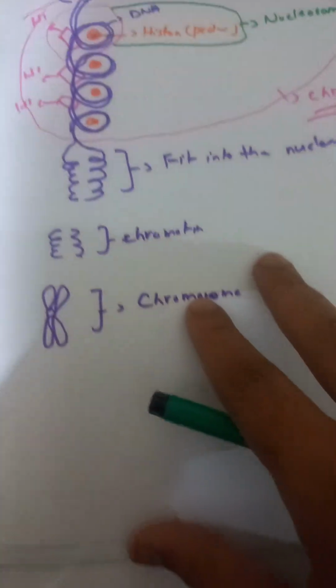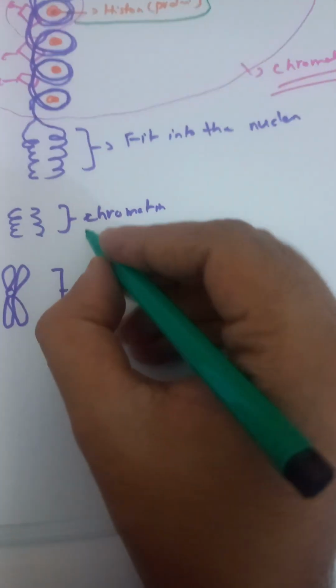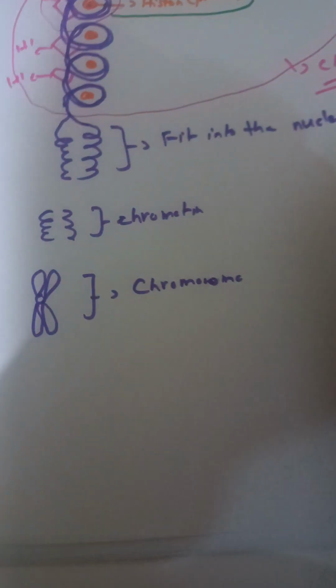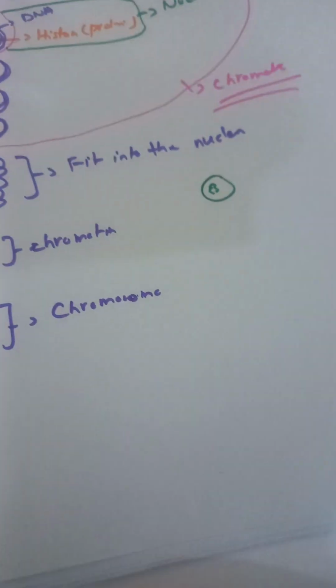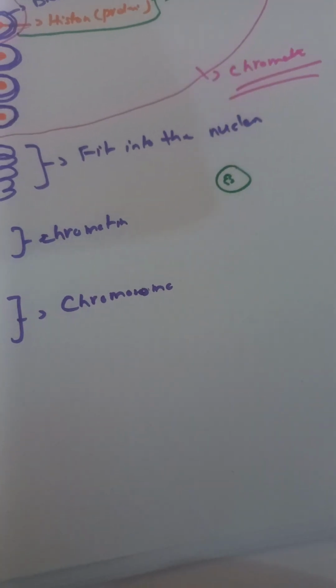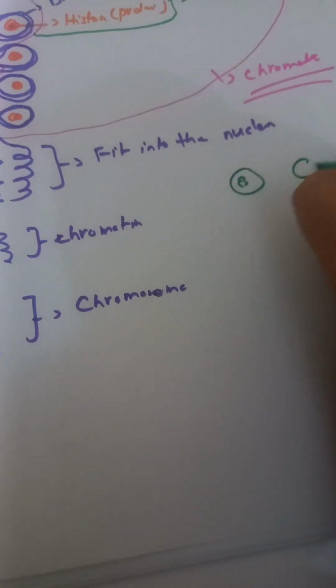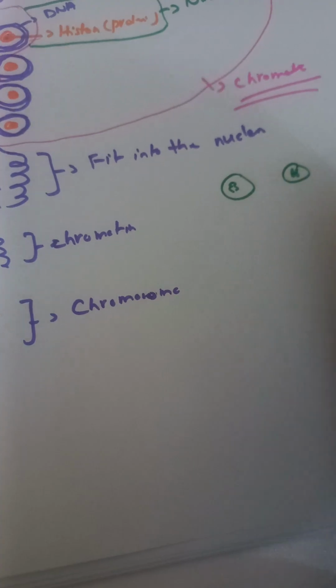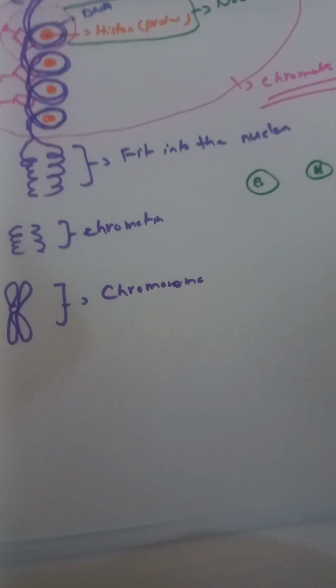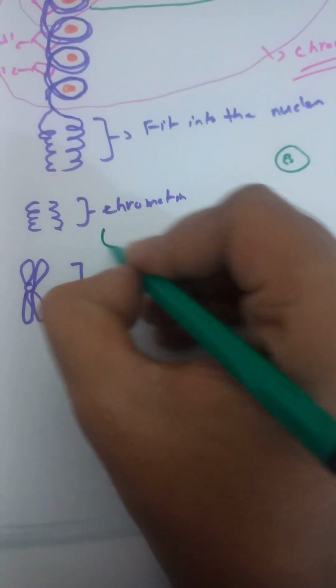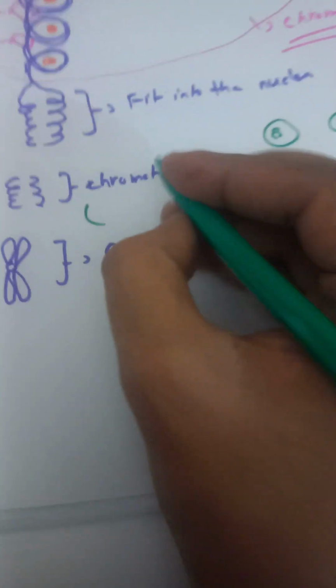Okay, so let's discuss where is this chromatin. This is a nucleus, chromatin is inside this. Okay, so where is chromosome? Chromosome is also inside a nucleus, in condensed form. Now what is the difference? Are they two different things? The answer is no, they are not different.